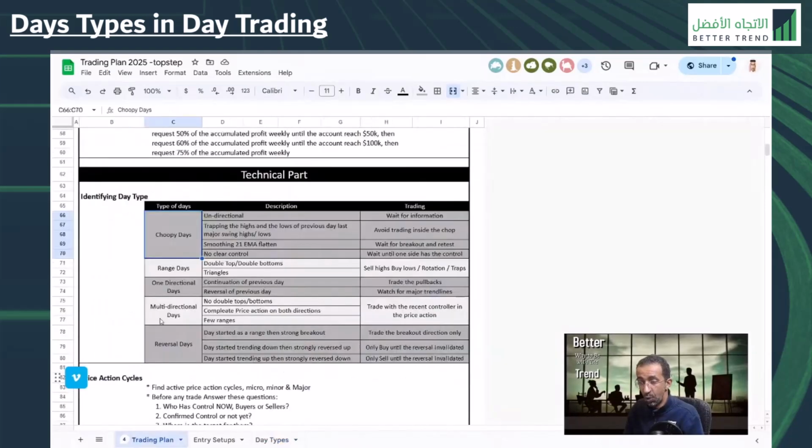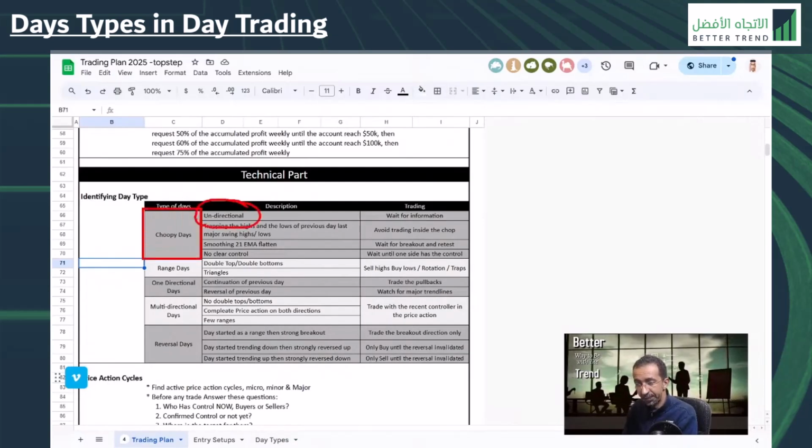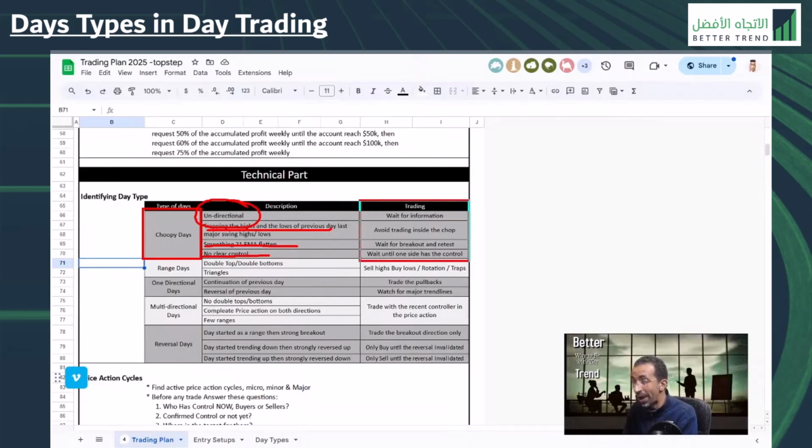So to review, we have 5 types of day. Choppy days, no clear direction. You have a lot of traps. Moving average is smooth. No clear control. What to do? How do I trade it? Wait for information. You have to wait a lot.